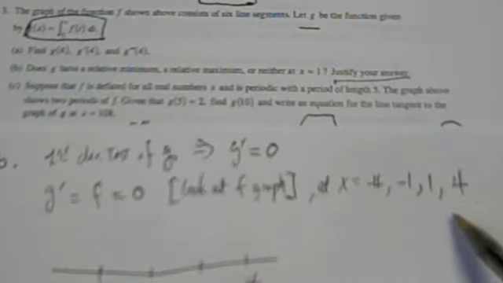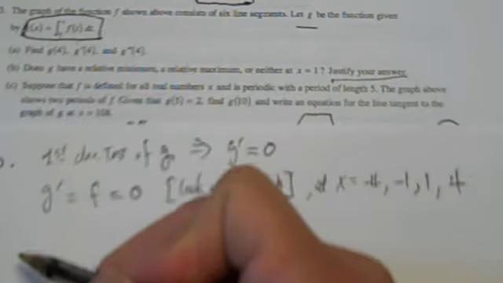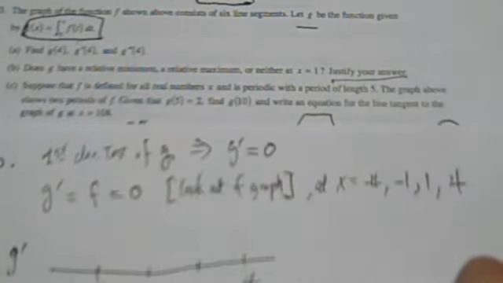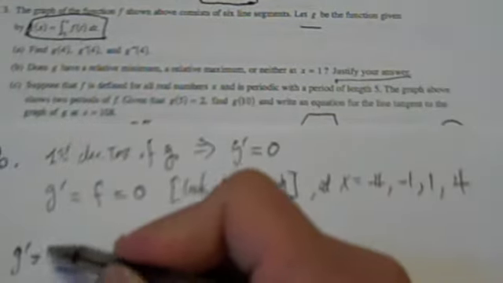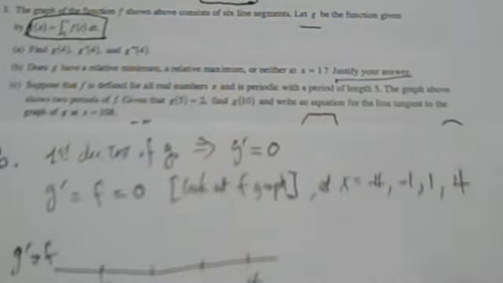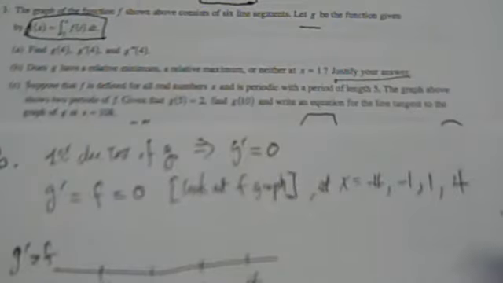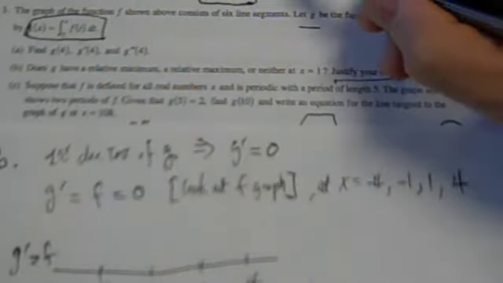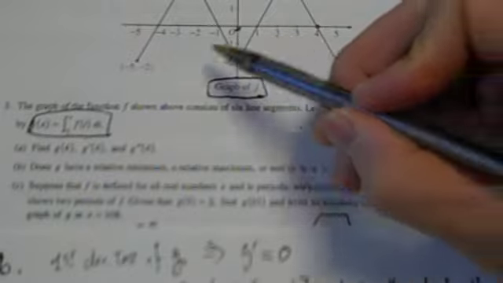So these are the critical values for x. Now, these are the g prime. But notice g prime is equal to f. So I'm still looking at the value of the f function, not the derivative of the f function. Remember, the value of the f function is the derivative of g.